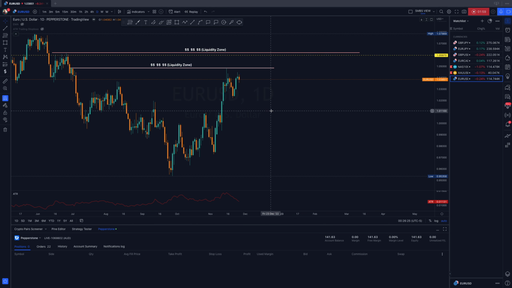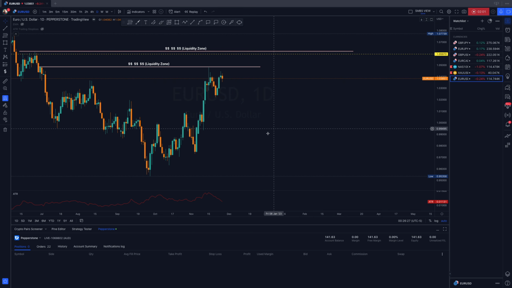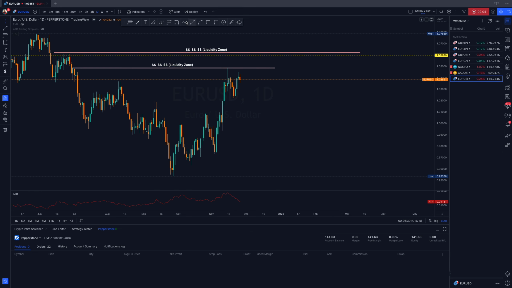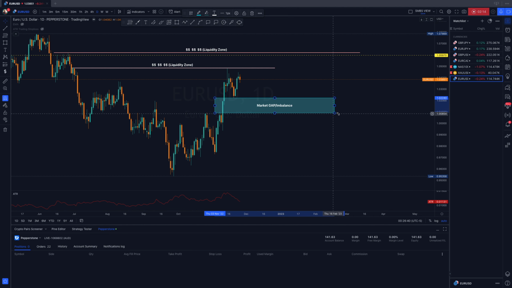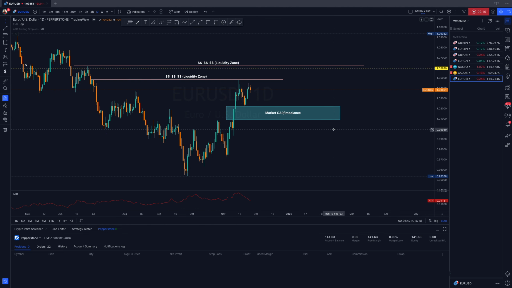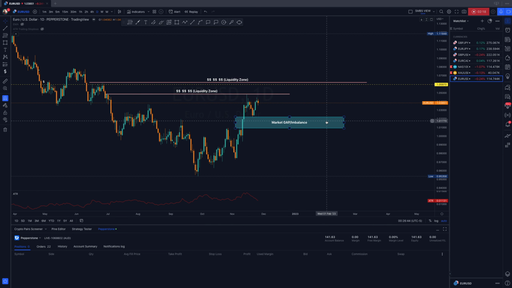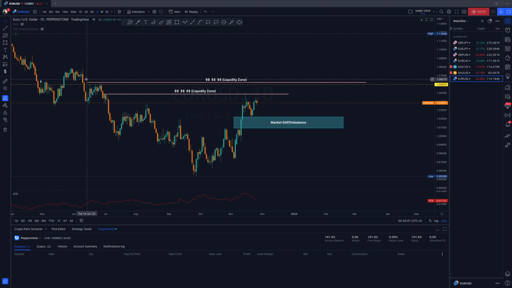But then there are other things that we noticed, that as price was moving up, it left a few things. It left a market imbalance here, which at times I call a market gap or imbalance. There you go. And then if I look at the chart, there's also one thing that I noticed, that before price started going down, this was the supply area.